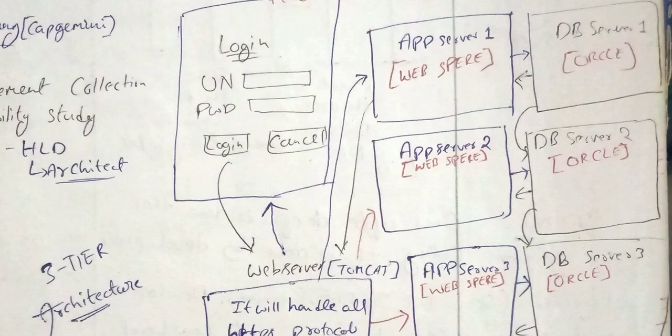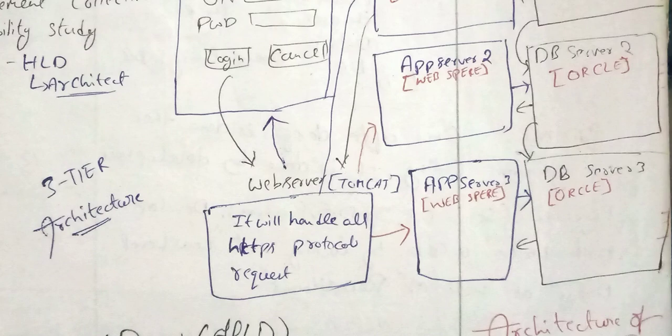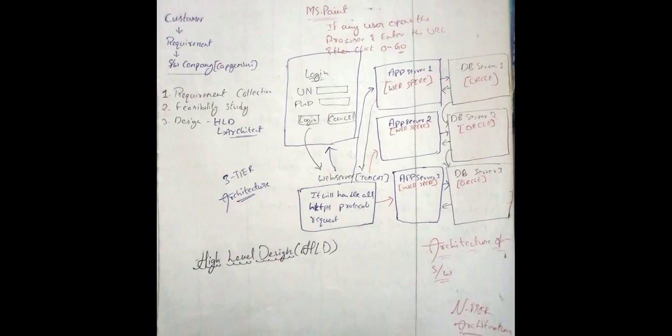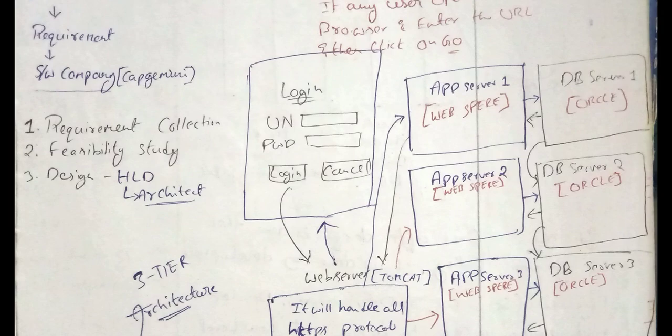Otherwise, if in database server 1 no data is present, then it goes to database server 2, then it goes to database server 3. Like that, the cycle will happen. If the data is found in database server 3, then it gives the information to database server 2, then 2 to 1, and 1 to web server, then to the home page.